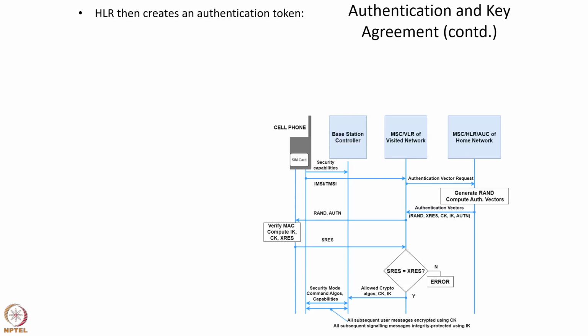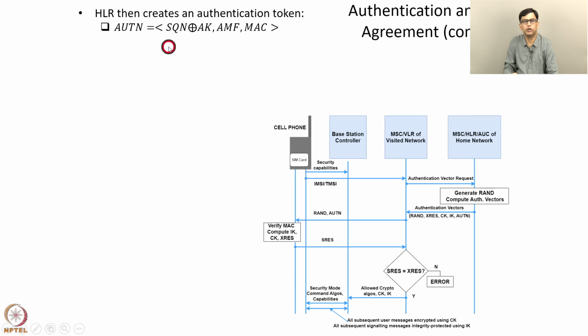Next, the HLR creates an authentication token or AUTN. So AUTN is SQN XOR AK, comma, AMF, comma, MAC. The SQN is XORed with the anonymity key, which was a function of RAND and KI. This XORing is done to protect the SQN from being sniffed.